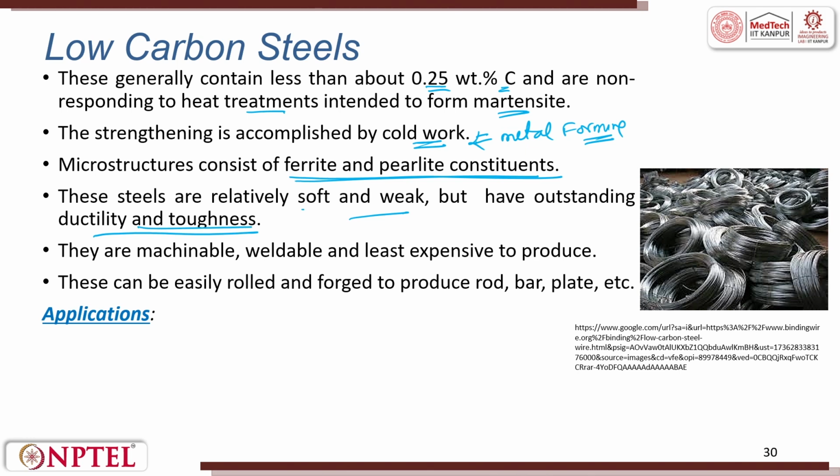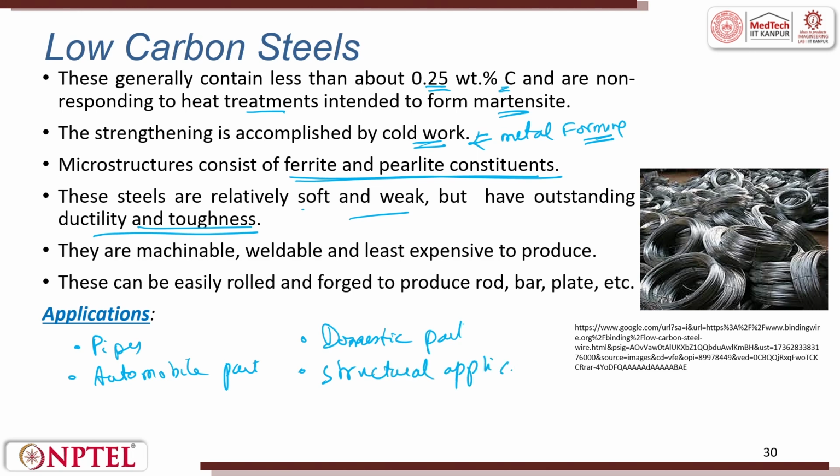So, they can be used for applications like steel pipes, automobile parts, and also domestic parts, for example, kitchen utensils and other things. They can also be used for structural applications, frames, like tubes can be made.